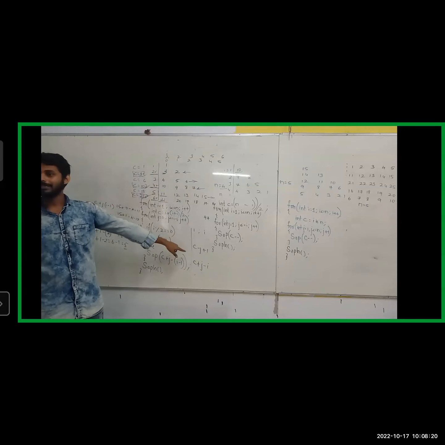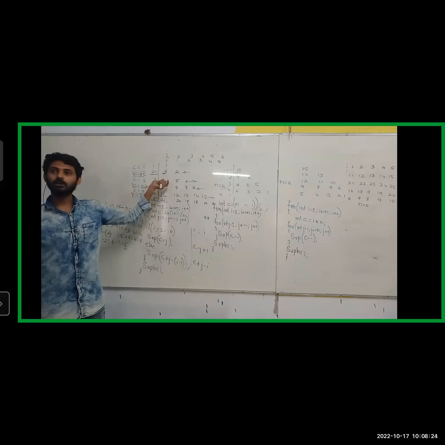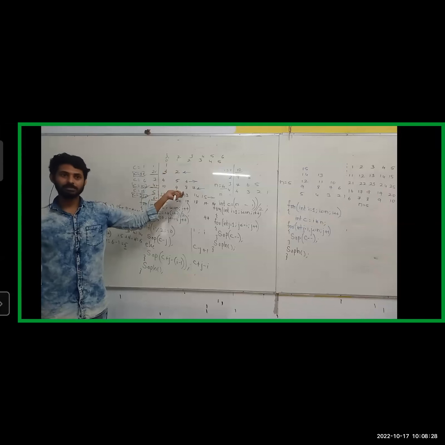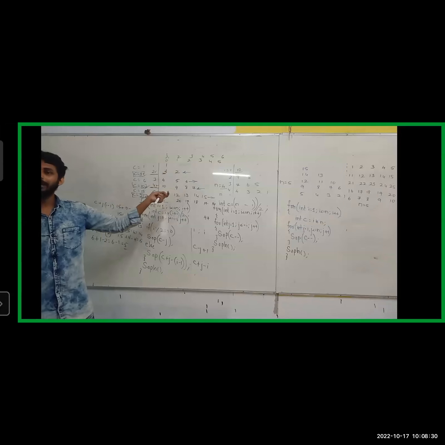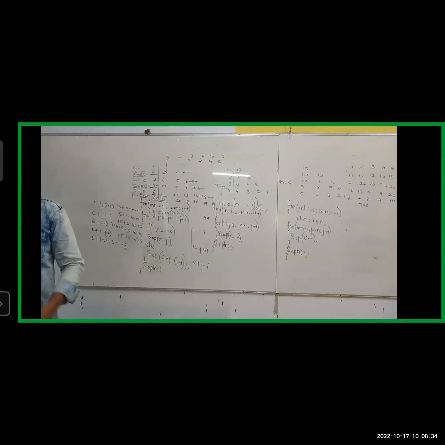If you don't understand this, just follow the shortcut. Means if your values are incrementing according to the column, then write C plus J. If your column values are getting decremented according to the column, C minus J. Got it? I told you, it looks simple, very simple.